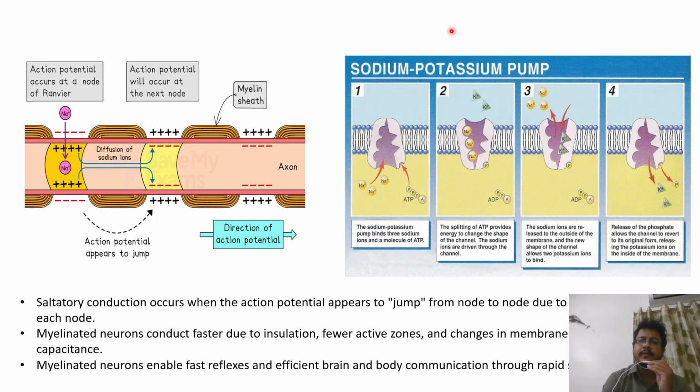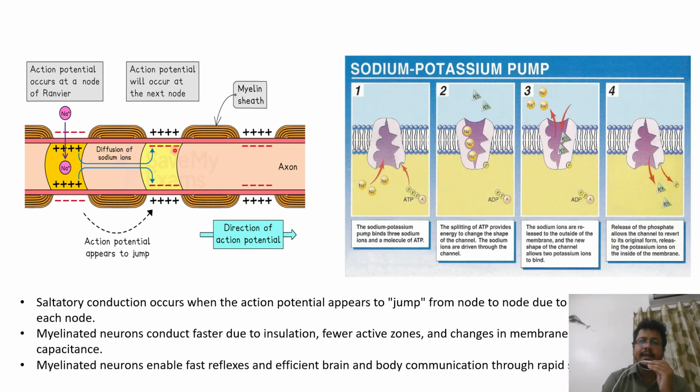In myelinated fibers, only the nodes of Ranvier need to fire, saving time and energy. Electrical properties: myelin increases membrane resistance and decreases capacitance, allowing faster spread of electrical signals. So there is rapid conduction, sometimes 100 meters per second in large myelinated axons.